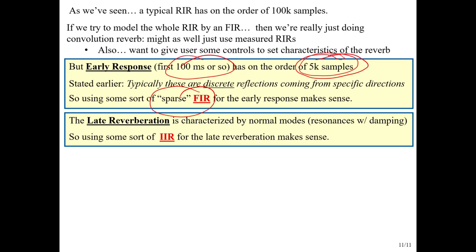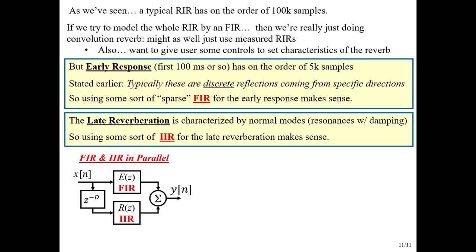With FIRs, it's really hard to make a peaky mode. But with an IIR, just put a pole near the unit circle and you've got a peaky thing. That would be a normal mode, a resonance. And we can control the damping by putting that pole either closer or farther from the unit circle. So some sort of IIR makes a lot of sense for the late reverb.